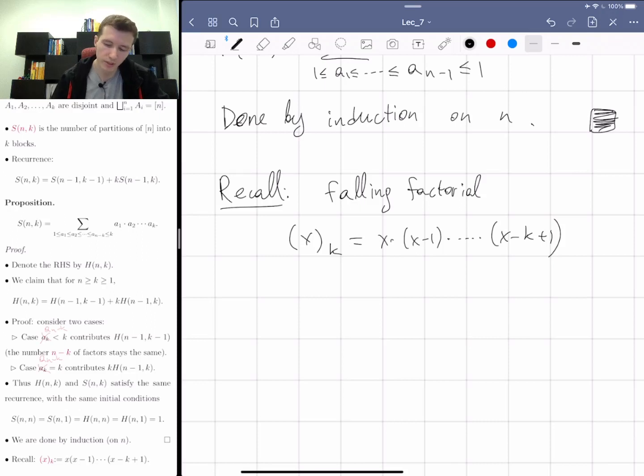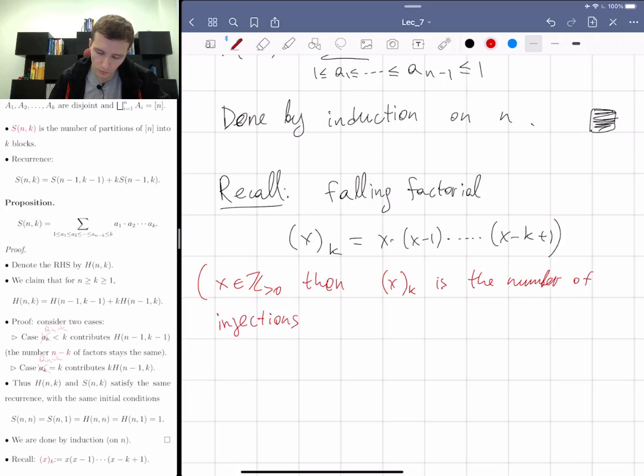Previously I defined it as the number of injections. So if x is a positive integer, then bracket x sub k is the number of injections from bracket k into bracket x.